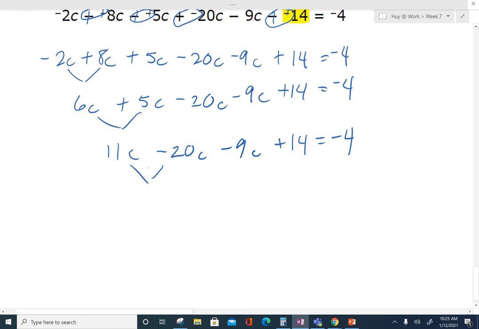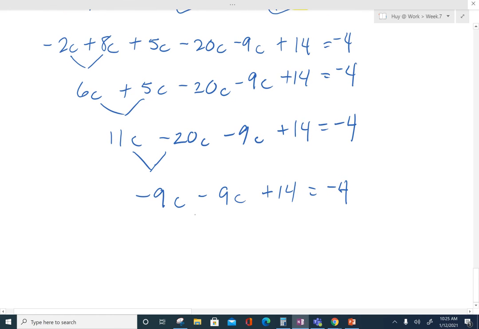All right, 11 minus 20. Use a calculator if you need to, but that should be negative 9c minus 9 more c, plus 14 equals negative 4. Now finally, negative 9 minus 9 more is negative 18c plus 14 equals negative 4.